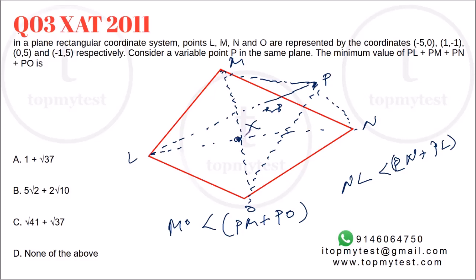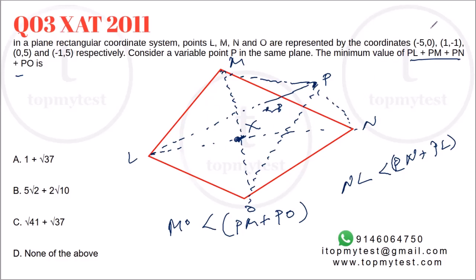The distance will be minimized when X and P coincide. And what is X? X is the meeting point of the diagonals. What will be the minimum distance we need? It will be the sum of the two diagonals, LN plus MO. LN plus MO is what we need to find. That will be the minimum value.